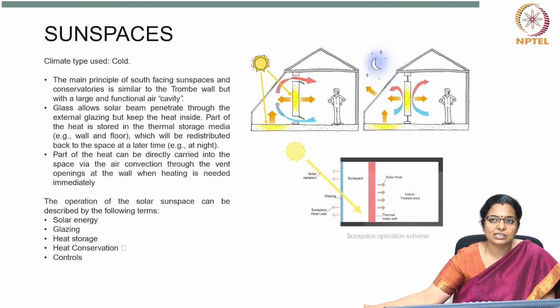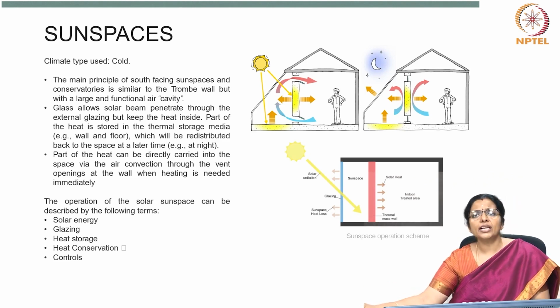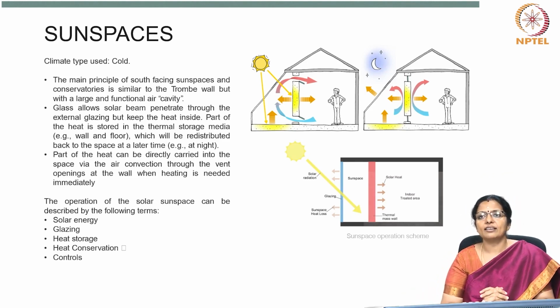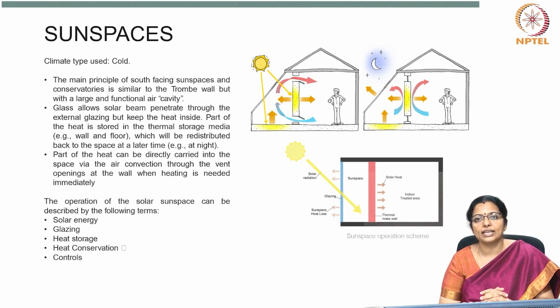Convection heat losses occur mainly due to the contact of the warm air that flows in the sun space with the cool interior surface of the glazing. Radiation heat losses, especially through the glazing, are a significant contributor to the general sun space heat losses.